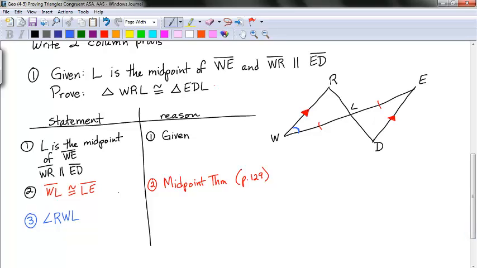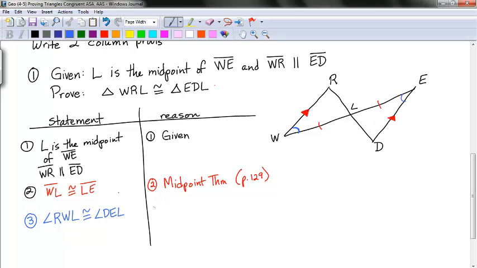Go the other way. You've got to go in the right order. Okay, it's congruent to angle DEL. You need the angle symbol there. Angle DEL. Okay, so now we've got part of it.